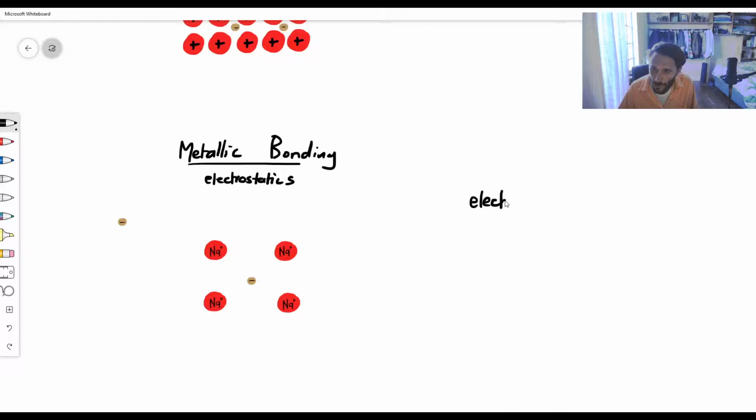Remember this word from before, electrostatic force of attraction between these components. So we've got this positively charged sodium atom that's lost an electron. It's become this positive charge. It's then created this force of attraction, electrostatic attraction, to this one delocalized electron.